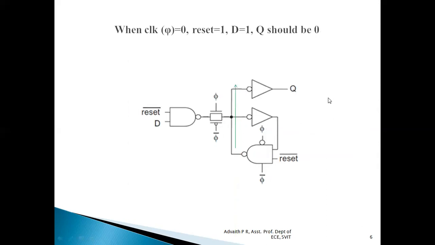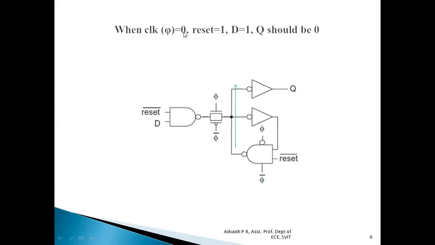Next, let us consider one more case to prove that this asynchronous reset is independent of clock. When clock is 0 and reset is 1, D is equal to 1, Q should become equal to 0 because reset has become equal to 1. No matter what is D, 1 or 0, Q should be equal to 0 because reset has become high.